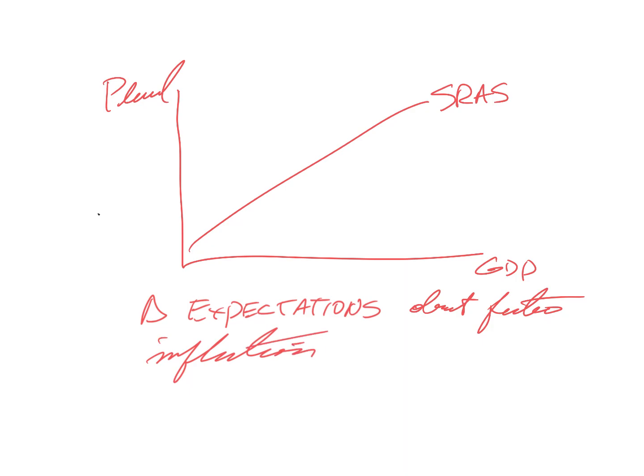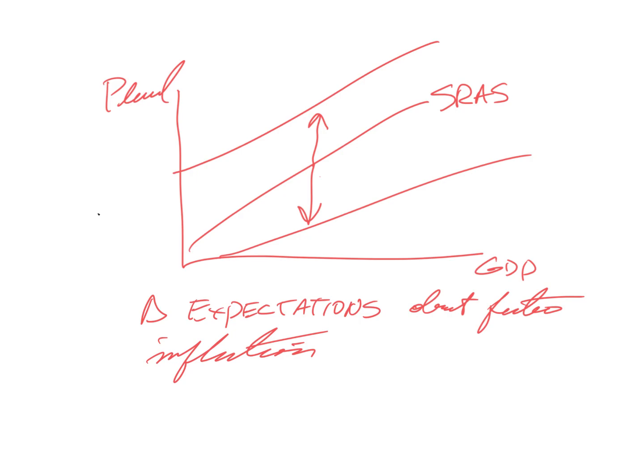When people's expectations change, this is going to shift up if the expected inflation increases, and shift down if inflationary expectations go down. And this could be triggered by price changes throughout the economy, okay?